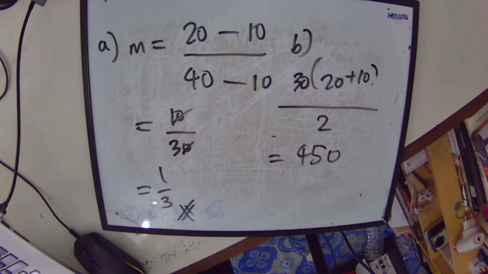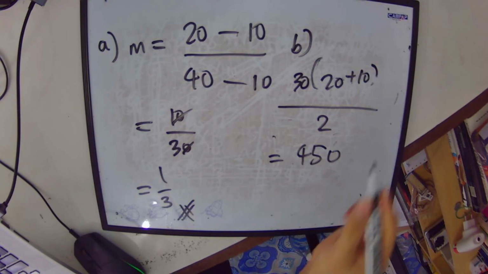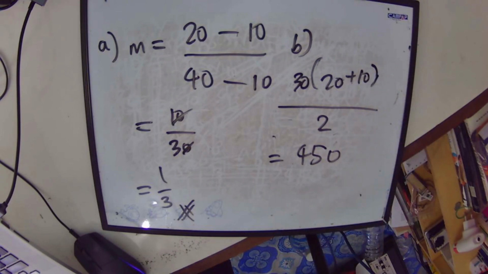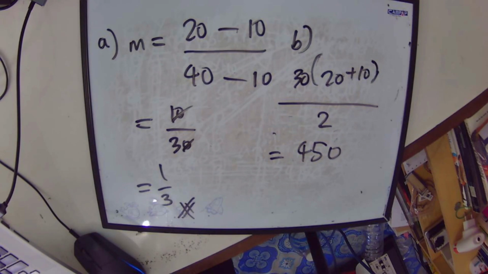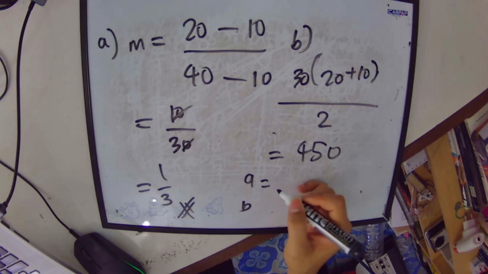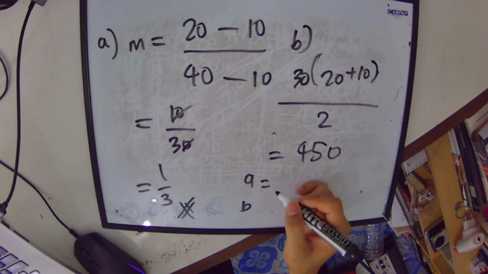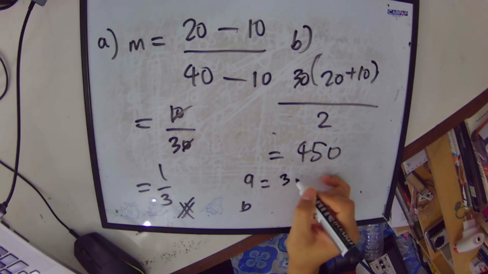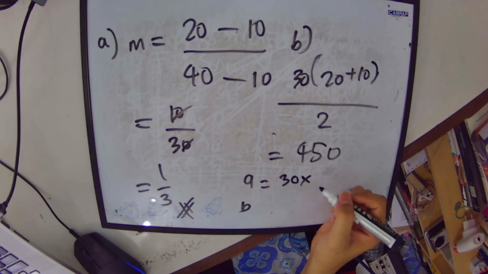Okay. Sekarang betul sudah kan? Ataupun masih tersilap? Oh, we can double check. Kita buat triangle method lah. So kita buat area A and area B. Area A ialah rectangle, 30 kali 10.